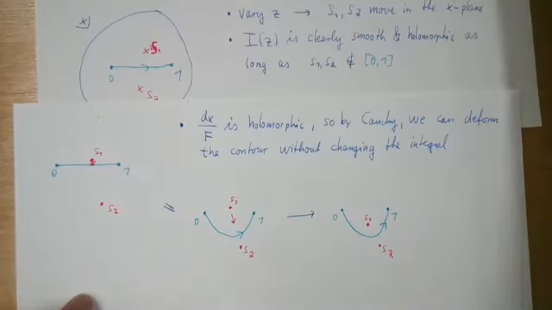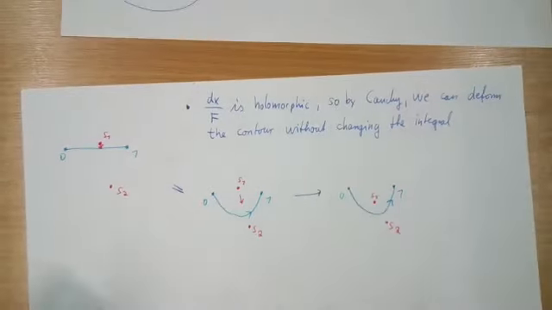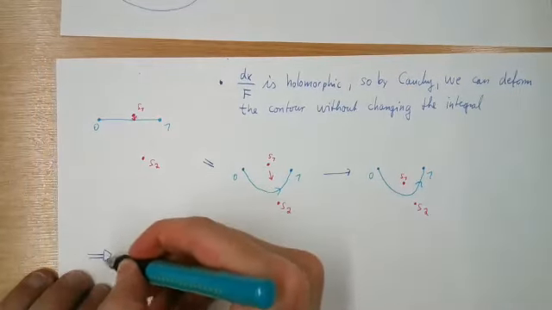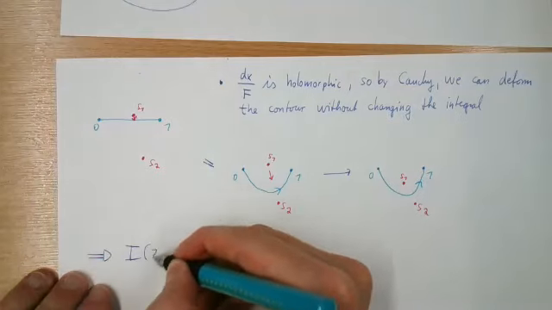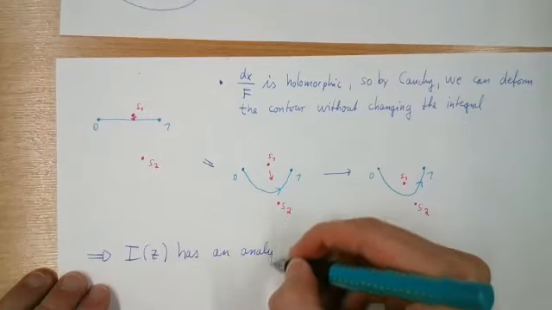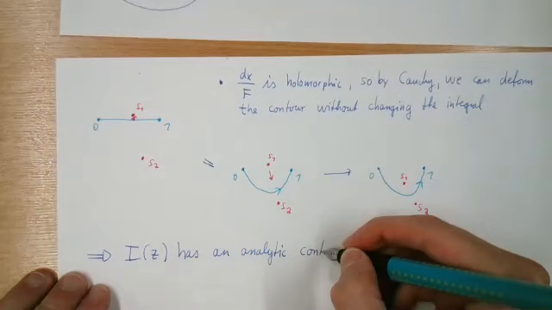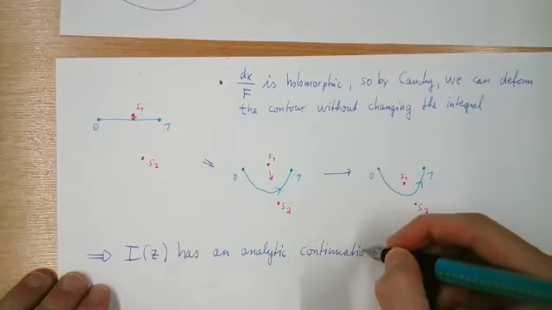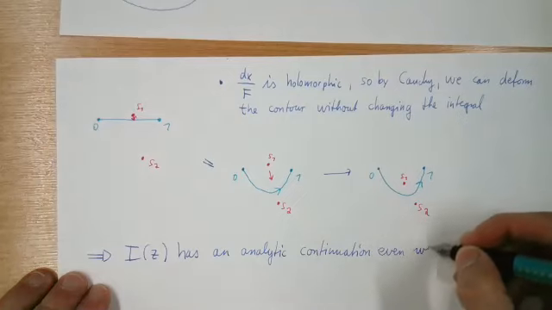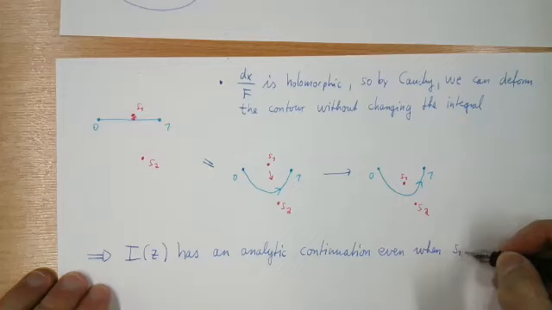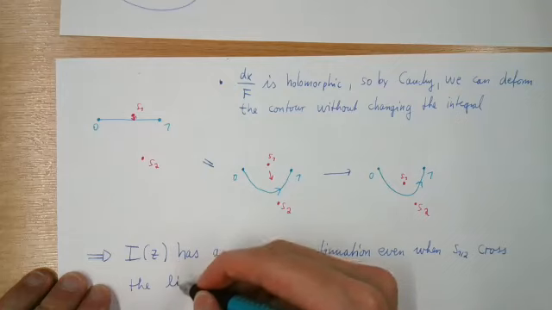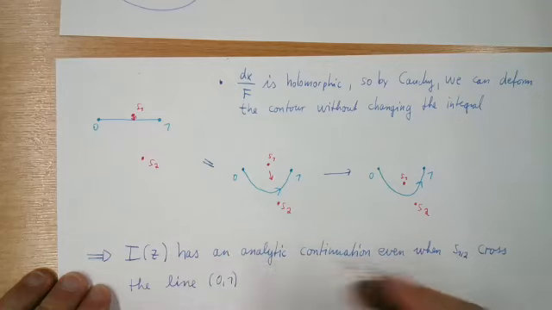So actually, this means you have an analytic continuation, right? So this means that this integral Iz has an analytic continuation even when the singularities cross the line, the interval between 0 and 1.